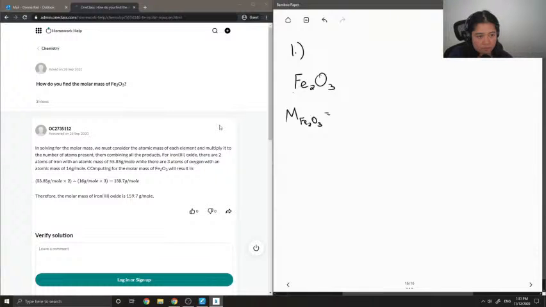These are just values that you would find on your periodic table. The molar mass of iron is 55.85 grams per mole, and the molar mass of oxygen is around 15.99 grams per mole.